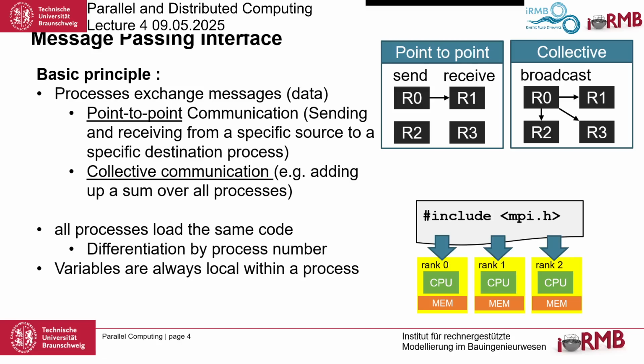The different ranks are present, and point-to-point communication would be if one rank communicates with another rank, saying you send a signal or data to a specific neighbor, one-to-one communication. So one sends something and one receives something.